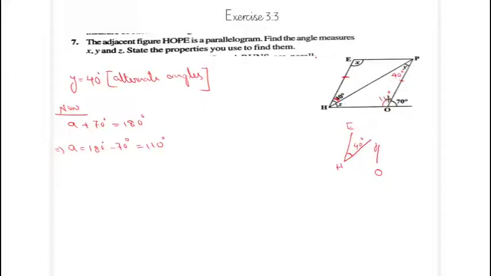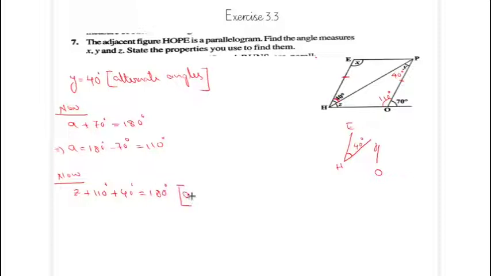Now we know the measurement of these two angles, and this is a triangle, so we can easily find out the value of Z here. Now Z plus 110 degree plus 40 degree equals to 180 degree. Which property we have used?